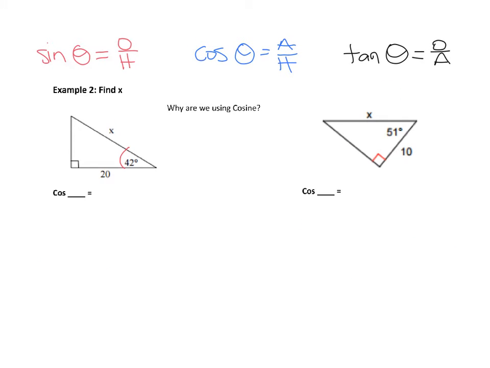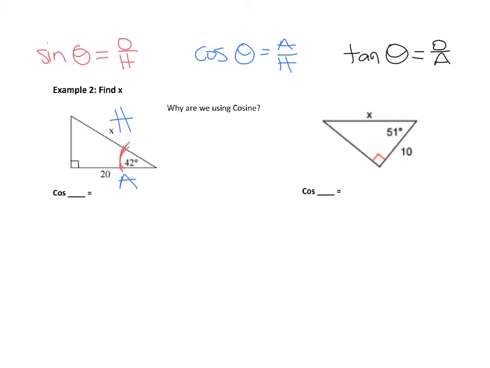All right, so next example here. Now the question is, why are we using cosine? Based off our location of theta, which I've already marked here, we have the hypotenuse, and we also have the side that is touching our theta, which makes that the adjacent.